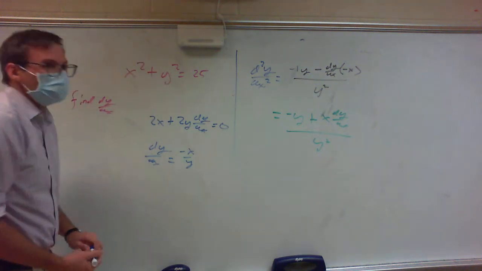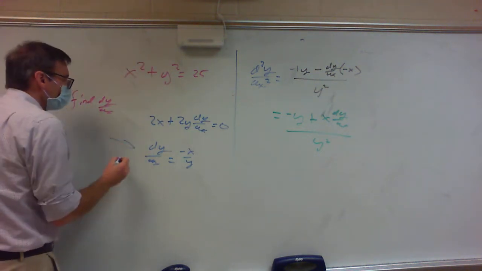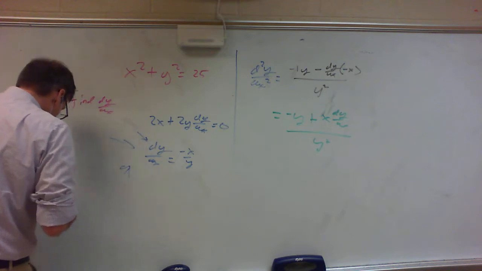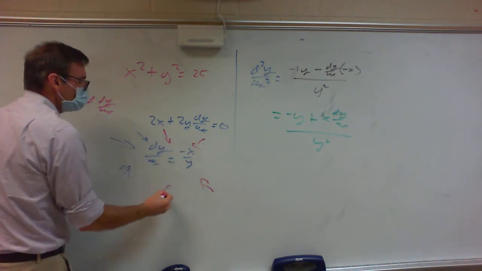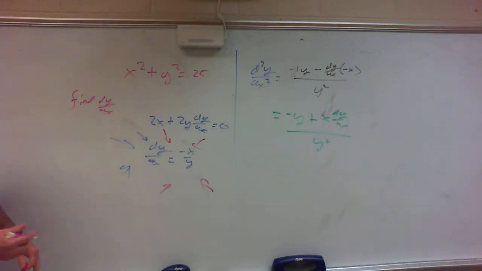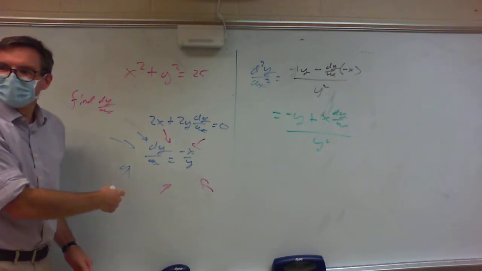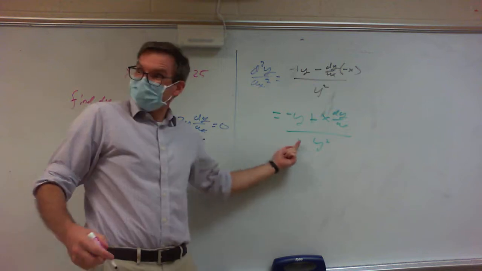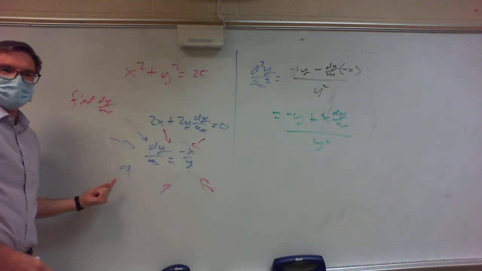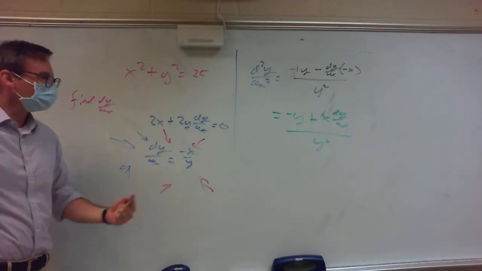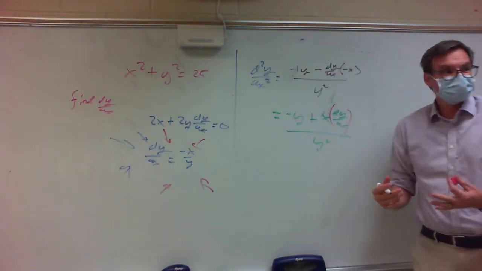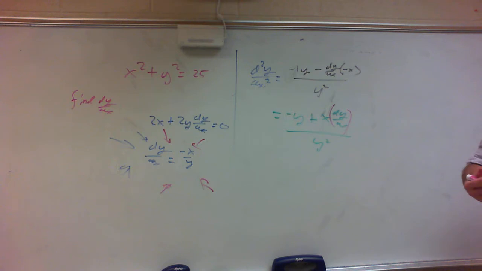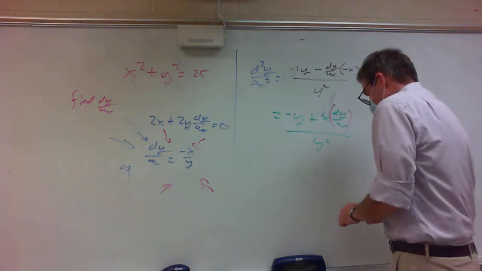I really wish I knew what dy/dx equals. If I had something that told me what dy/dx equals, then I could replace dy/dx. My subtle hints, right? I need to know what dy/dx equals, because if I replaced it, then I don't have dy/dx in my answer.